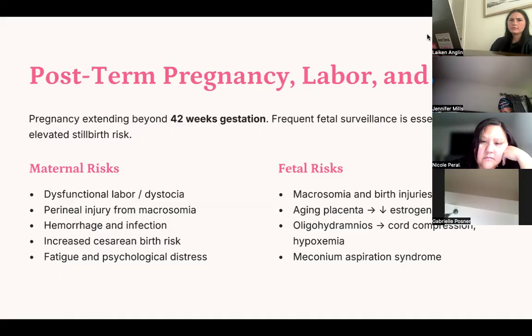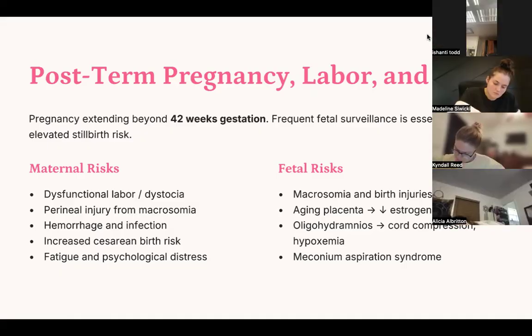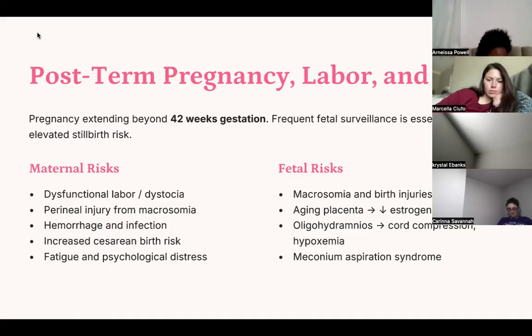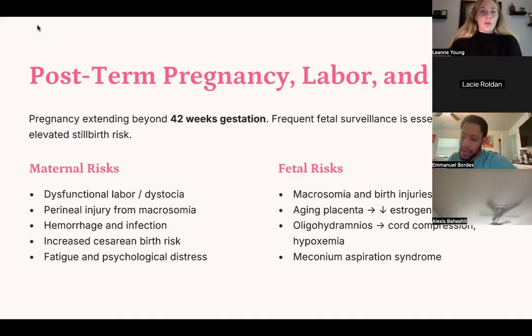All right. Do you think that placenta is oxygenating baby as effectively if it's a little bit older and it's tired? No, not usually.